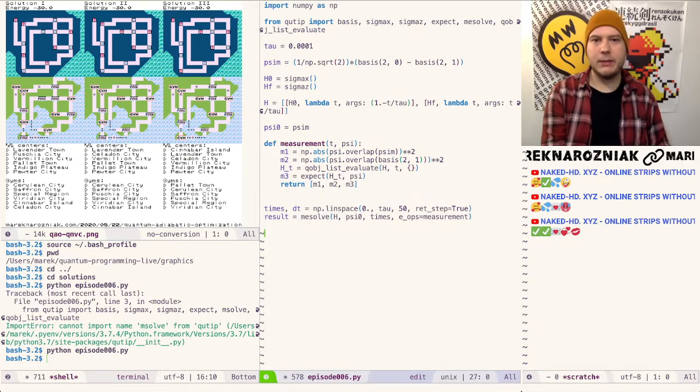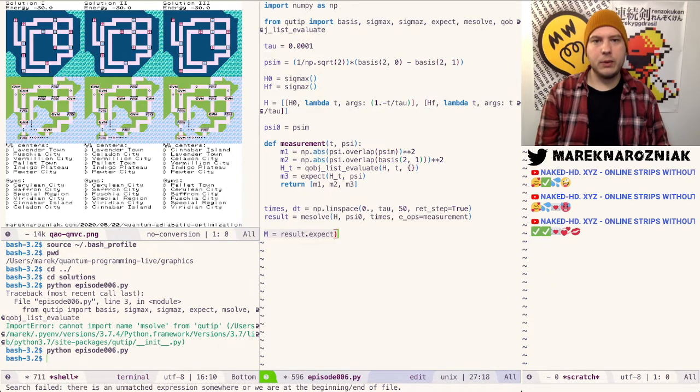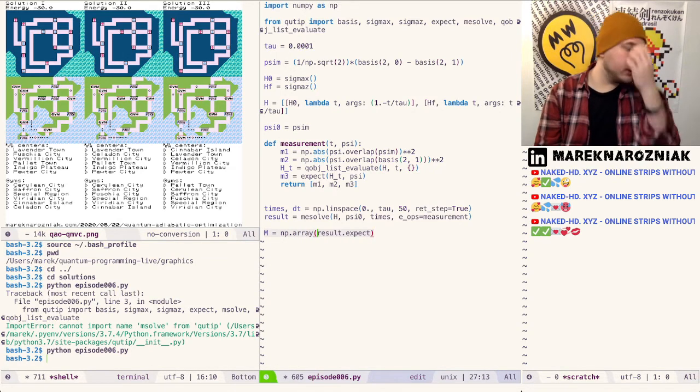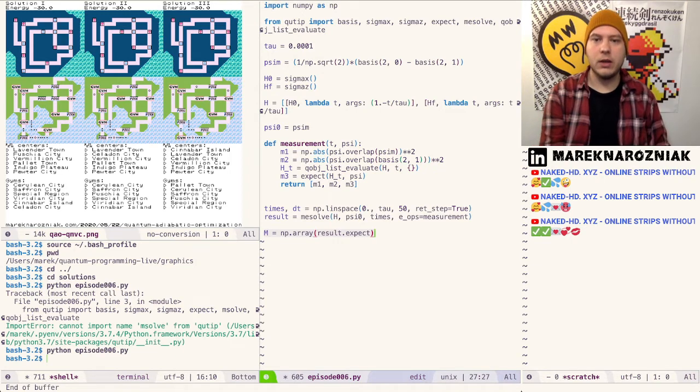We can extract the measurements into separate arrays like this. So we just make result.expect, which stands for the expectation values, and we want it as a numpy array because that will allow us to do the transpose of that. Otherwise we have nested lists, which are not cool.